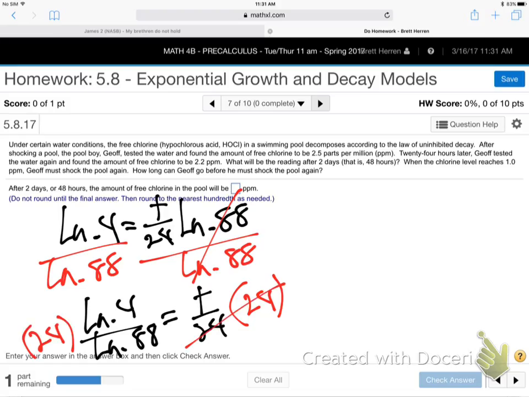T's alone. Hit the button. Somebody got it? What's the time? It says nearest hundredth. 172.03, what's that, 0.028, so around 0.03 hours. So that many hours until the chlorine level drops to 1.0. There we go. That was a long one.